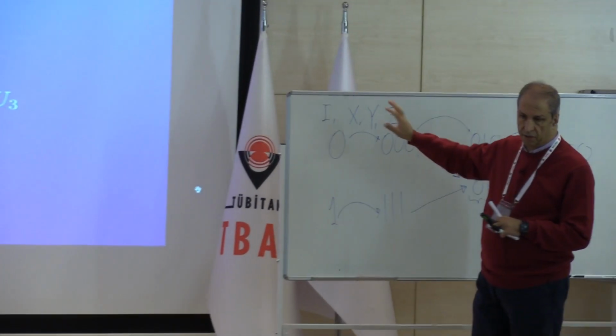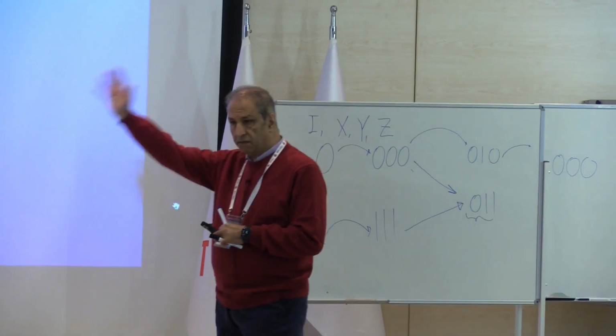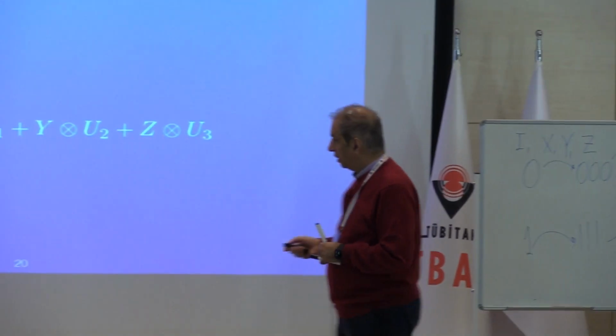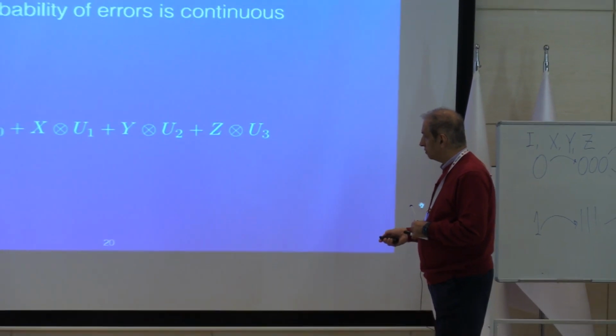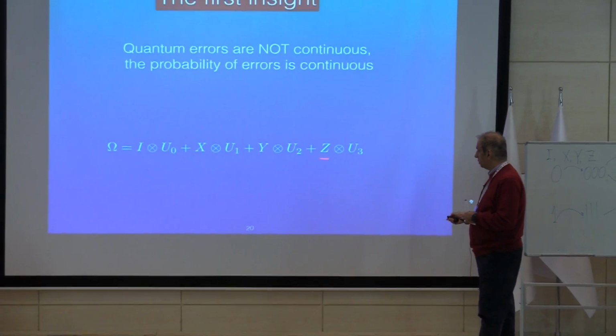Every operator can be written in terms of these. So you write omega in terms of this basis, and you call the rest U0, U1, U2, and U3.